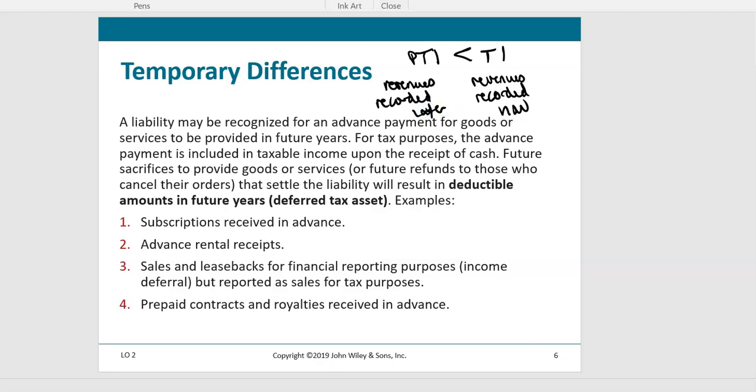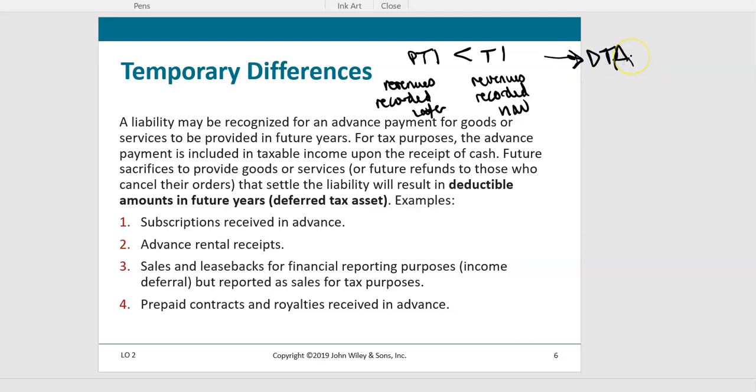So if the revenue is recorded now, we're going to have taxable income that's greater than pre-tax income this period, but our future taxes are going to be lower as these differences reverse out. And so we would set up a deferred tax asset.